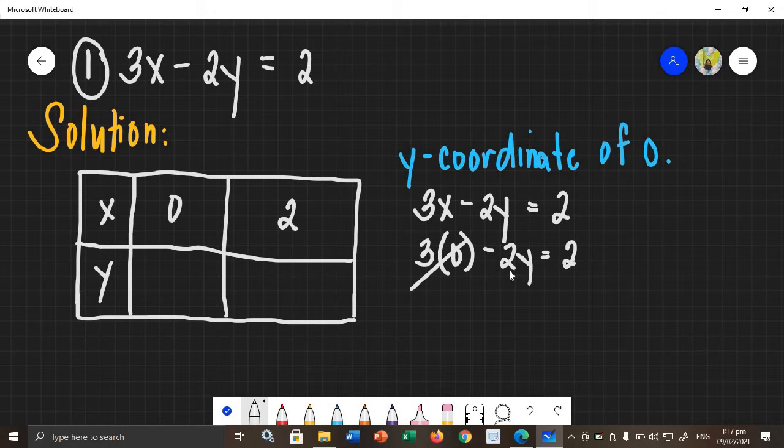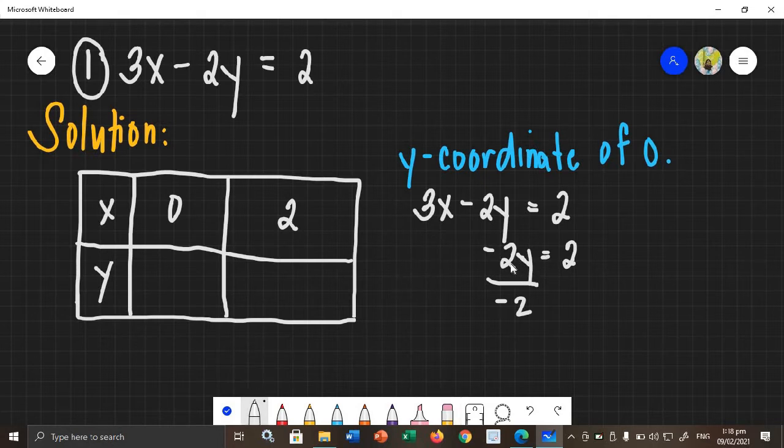So, for you to find the value of y, you need to get rid of negative 2. Yung coefficient niya dapat maalis mo. So, you need to divide both sides by negative 2. So, erase natin si 3 times 0 para hindi na tayo malito. Yan, kasi 3 times 0, that will be 0 and that will be cancelled.